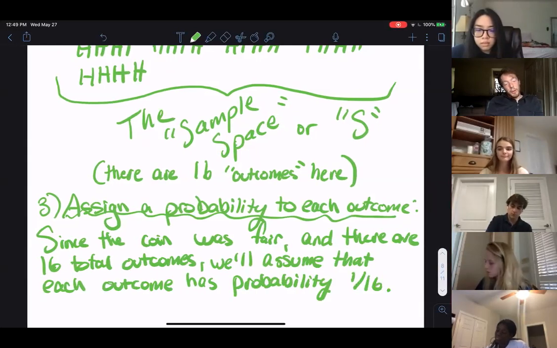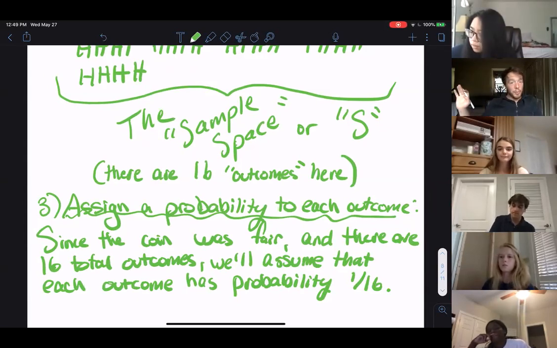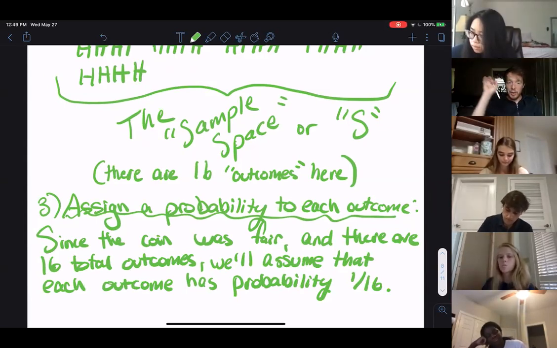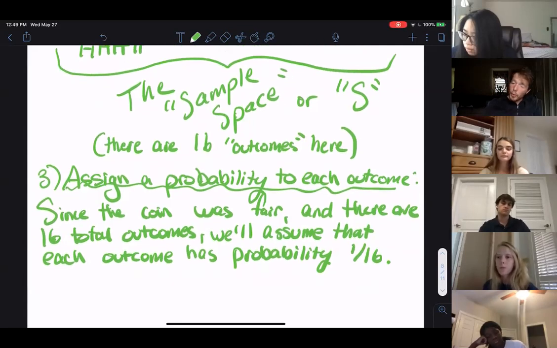Okay? So we have successfully defined a probability distribution. We have outlined every single possible outcome, and we've given every single outcome a probability. We think they each happen with a 1/16 probability. Okay? Any questions on this?